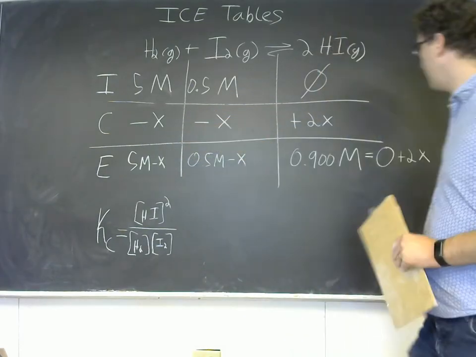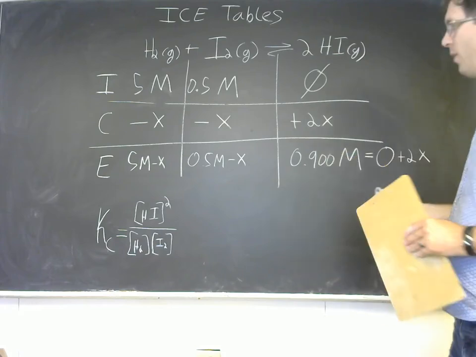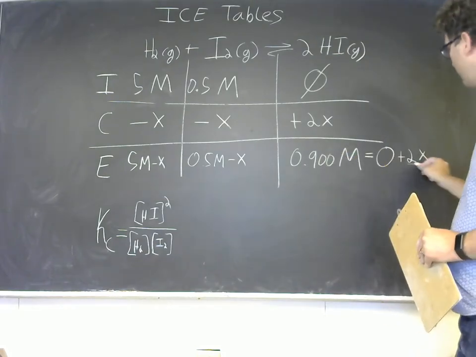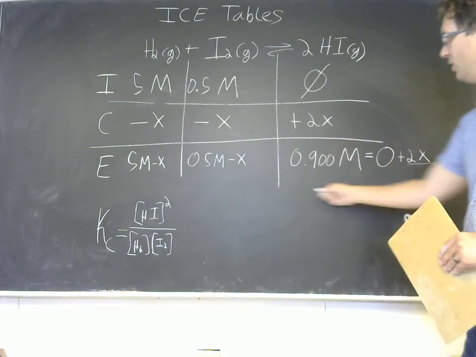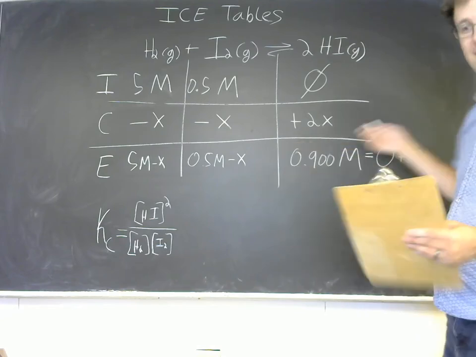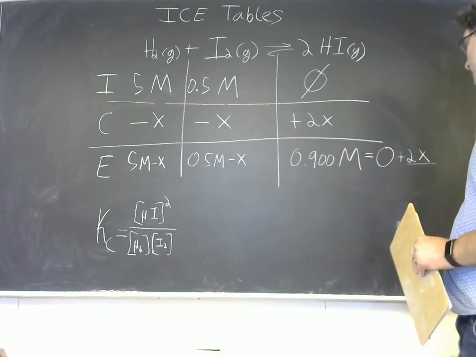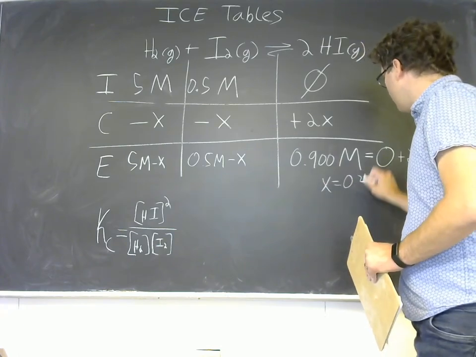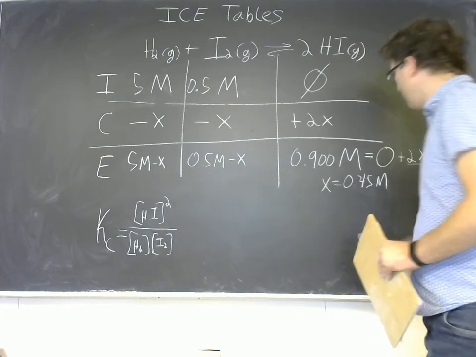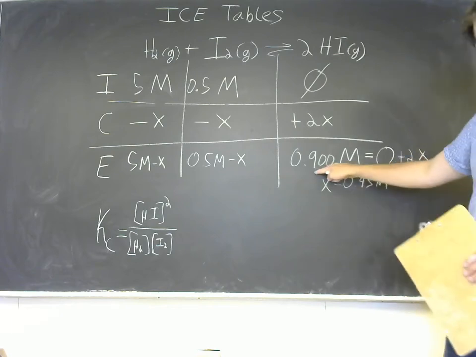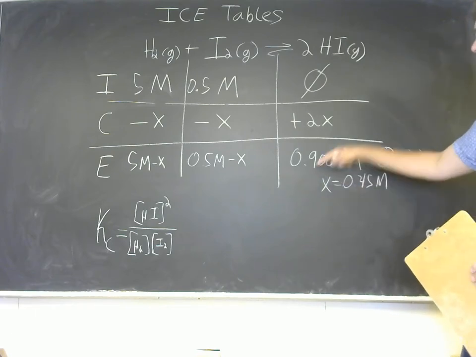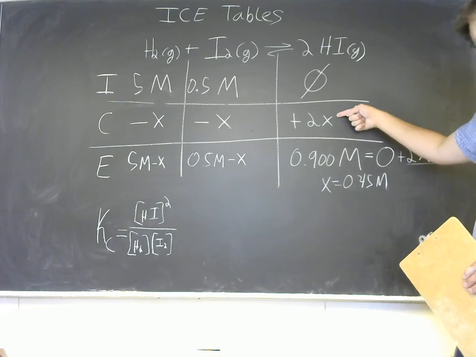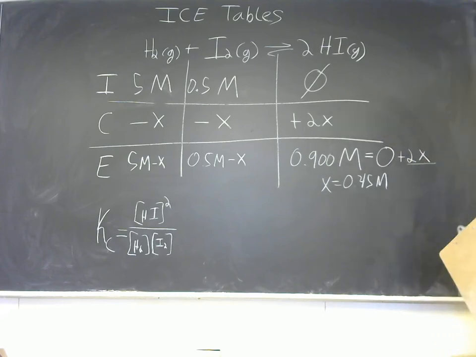Now this is a problem where it's pretty straightforward how we solve for x. We can use the equilibrium amount of HI to know that x is equal to 0.45 molar, right? If our final concentration is 0.9, then 0.9 equals 2x, so x is 0.45 molar.